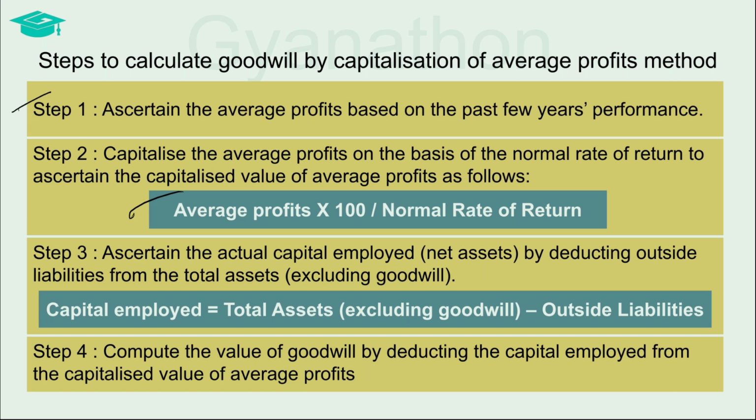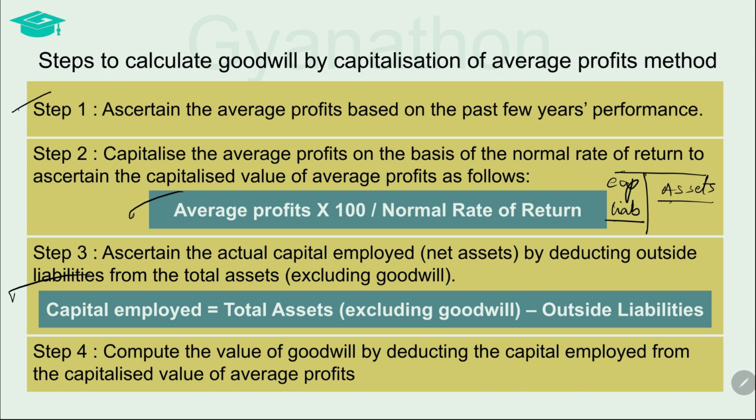Now, we all know the structure of balance sheet, right? On one hand, we have all the assets, and on the other hand, we have the capital and the liabilities. So, in order to calculate the capital employed, we do assets minus the liabilities. This is the actual capital employed.